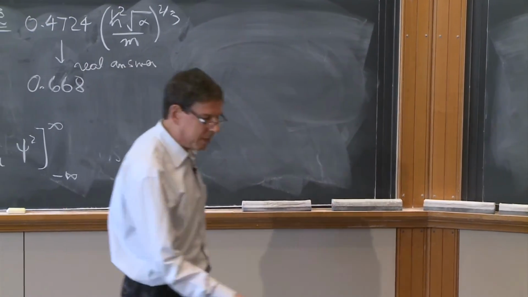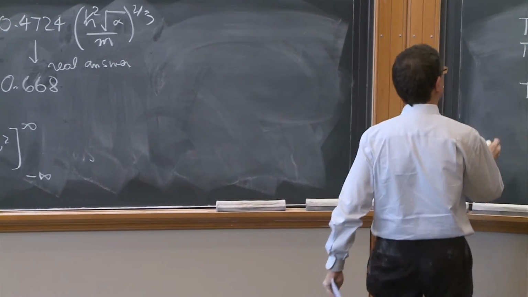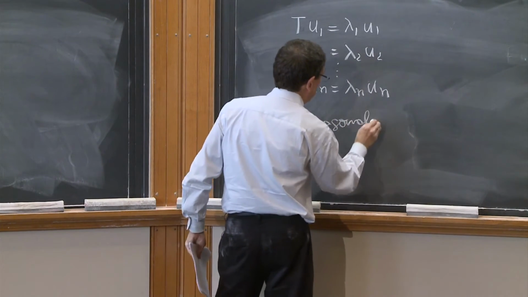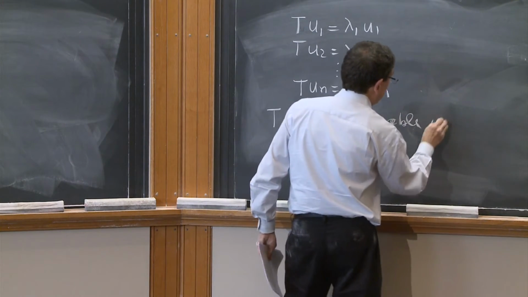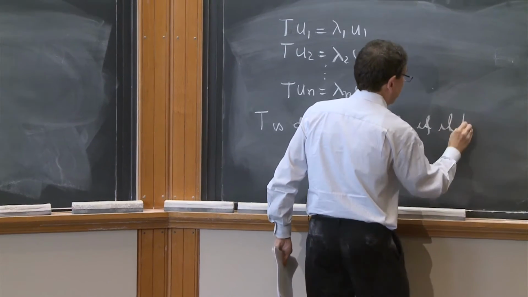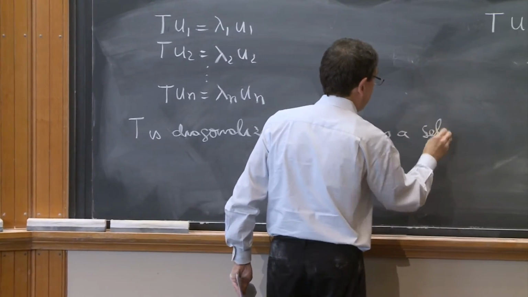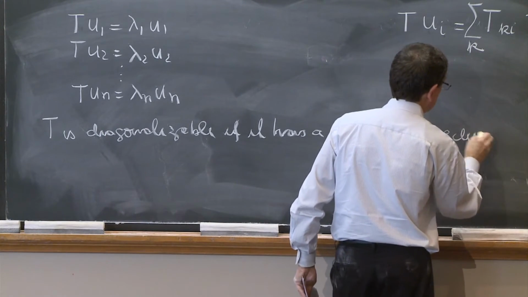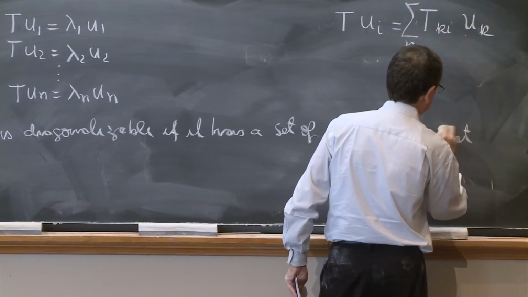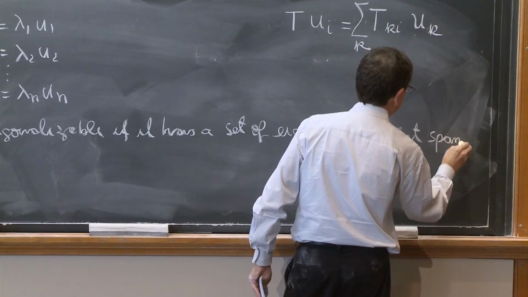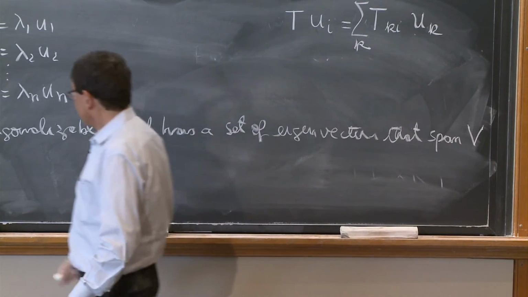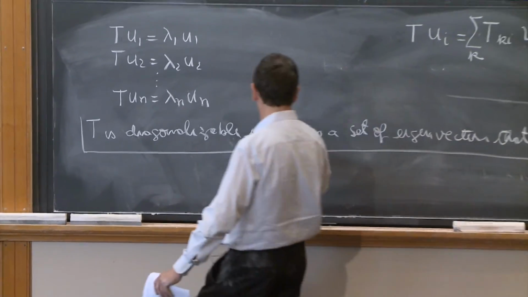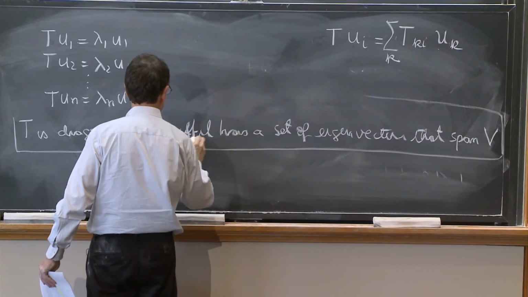So the statement is very important. An operator T is diagonalizable if it has a set of eigenvectors that span the space V. If and only if, this double F, if and only if.